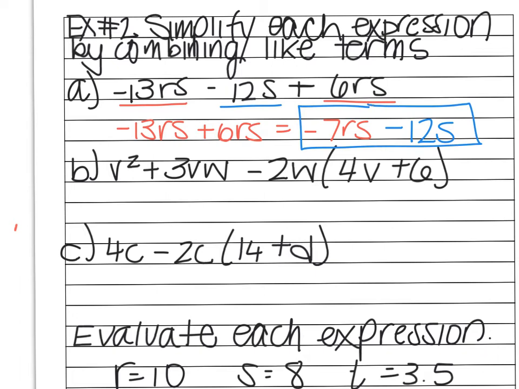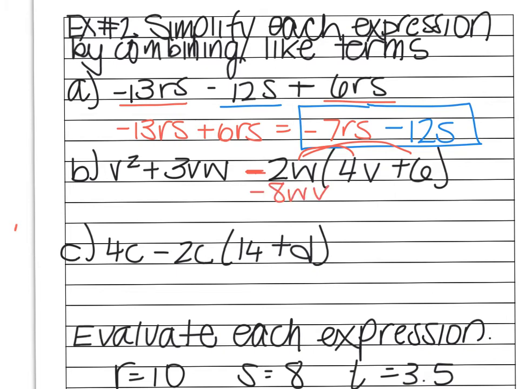For B, we have v squared plus 3vw minus 2w, parentheses 4v plus 6. Here we must distribute whenever we have parentheses with a number on the outside. The important thing to remember is to include that negative sign when you distribute. If you forget to distribute with the negative, your whole answer is wrong. So negative 2w times 4v is negative 8wv.